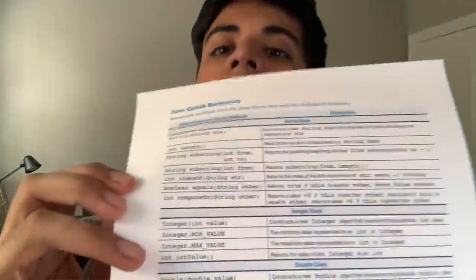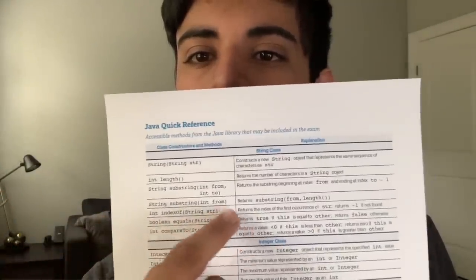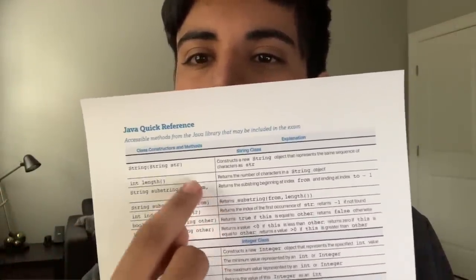For example, under the String class section, they tell you all of the different methods: length, substring, indexOf, equals, compareTo. I don't know if you'll be able to see it here, maybe mirrored for you, but it has it written out, as well as the parameters, and it even gives you a description of what it does.